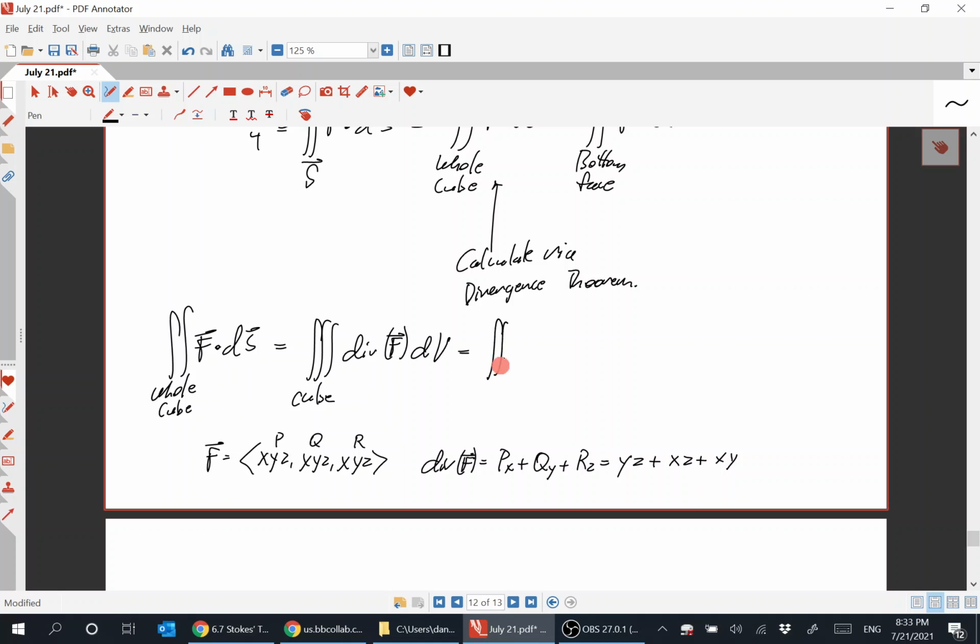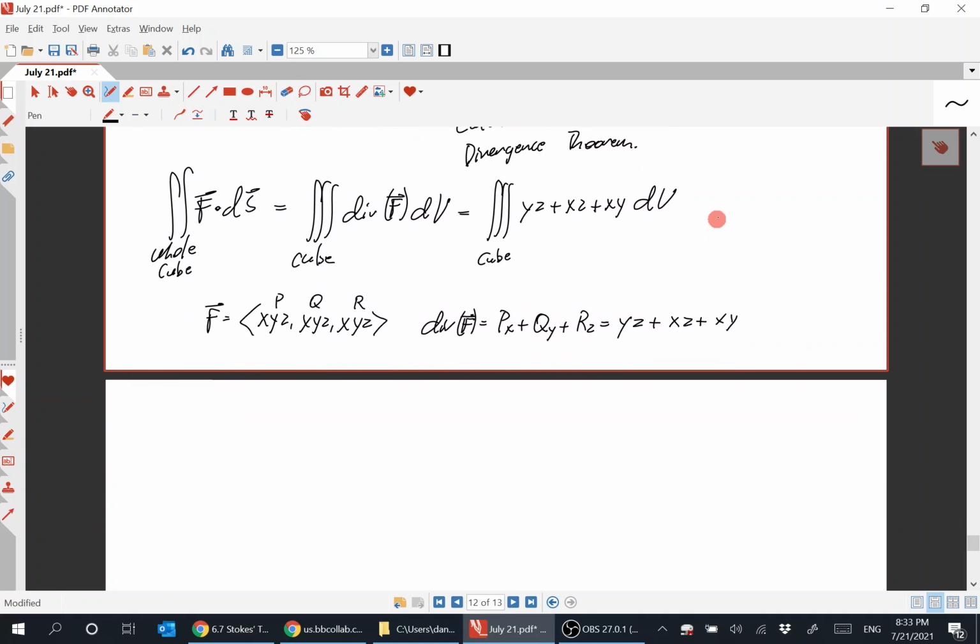So it's the triple integral over the cube of yz plus xz plus xy dV. This is equal to the triple iterated integral, 0 to 1, 0 to 1, 0 to 1, of yz plus xz plus xy dx, dy, dz.